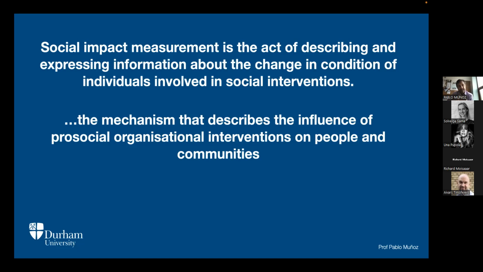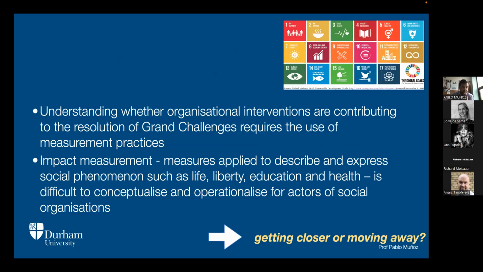It essentially tells us about the influence that social organizations and social enterprises have on people and communities, whether they're effective or not, whether they're delivering on their missions or not, right? And that's very important. It also helps us see whether we're moving in a certain direction as a whole, as an industry. If we assess collectively the status of the social enterprises in a given place, it gives us a way of knowing whether we're getting there.